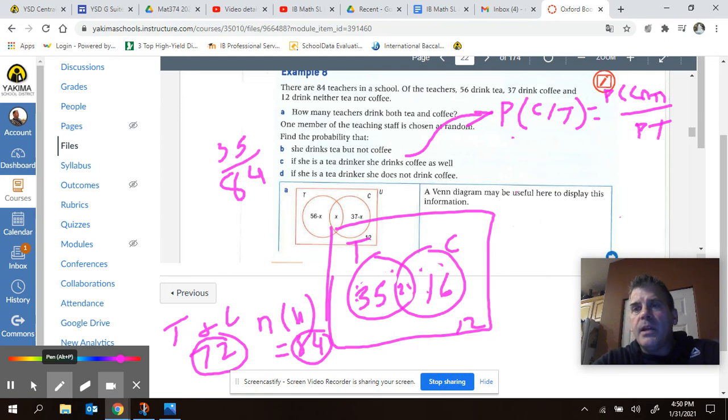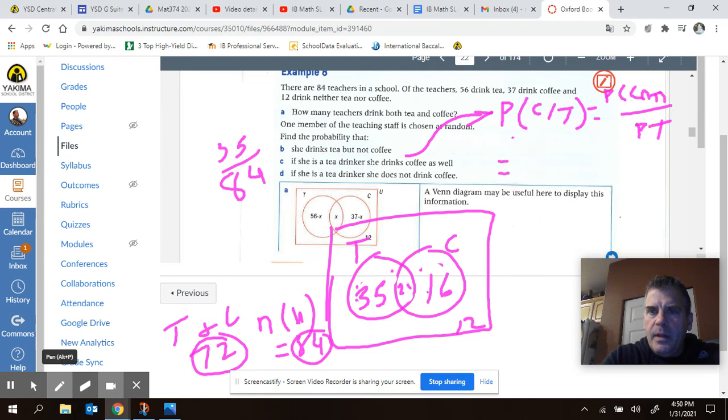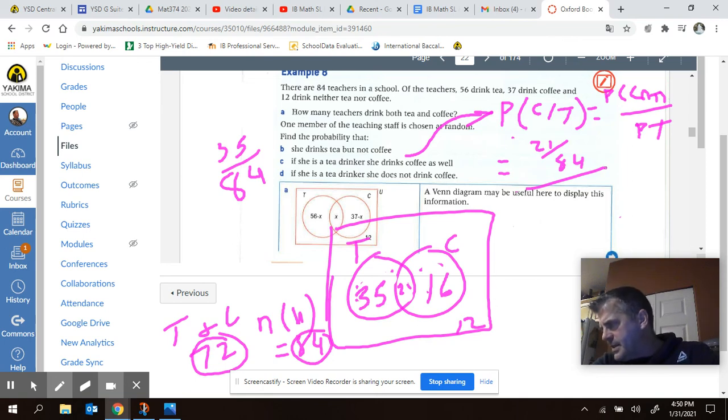Well, what's the probability of C intersect T? Well, that's that 21 out of 84. So that would be the intersection part, 21 out of 84. Divided by, well, what's the probability that they just drink tea? Well, that's that 56. That's going to be 56 then out of 84.